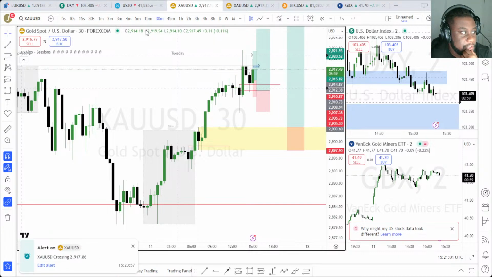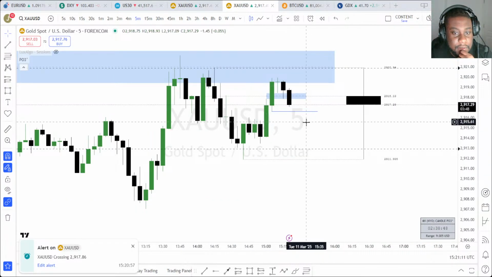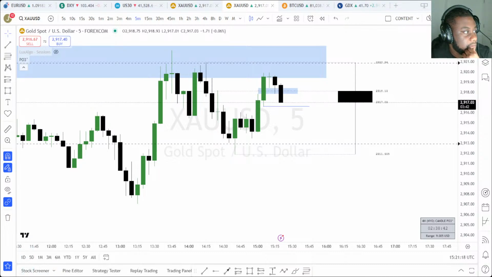Okay, so we are pushing down. Down, down, down. All right, cool. We're getting close to that 5 minute low. If we break it, then so be it.